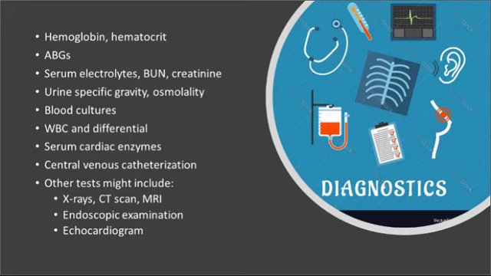Anytime you're doing a sepsis workup, you never assume, because what if there's more than one component going on at the same time? Serum cardiac enzymes because of looking for cardiogenic. And central venous catheterization, so you can get your volumes within your heart to figure out what's happening. Other tests might include X-rays, CAT scans, MRIs, endoscopic echocardiogram, depending on what the patient is demonstrating and what might be going on in the body.